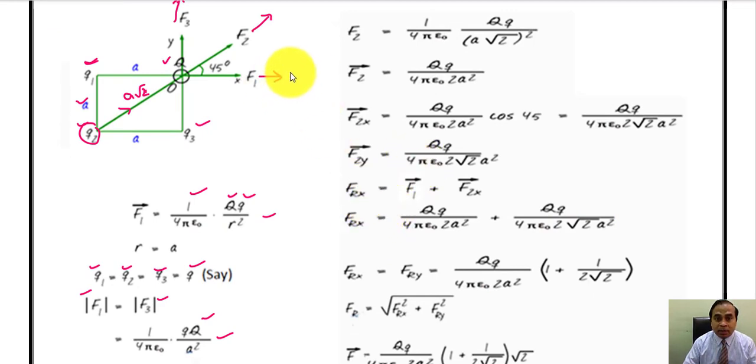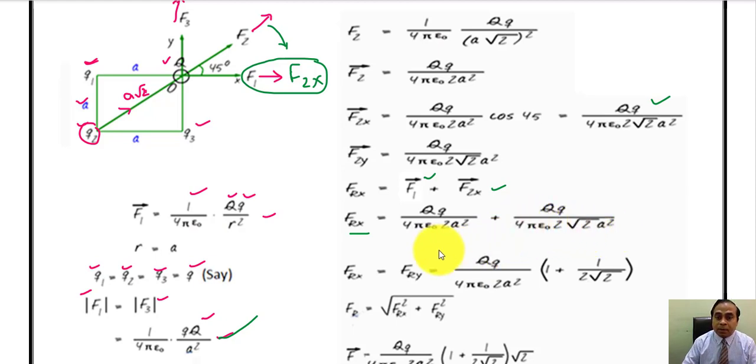So Rx, the net force along the x-axis, is the total component of force along x-axis: F1 was already present, and the component of F2 along this direction is F2x. Because they are in the same direction, we add them, so it is F1 plus F2x. So F1 value is here, and F2x value we have calculated here. These two terms are kept here, and then the resultant force along the x-axis we have calculated as this much.